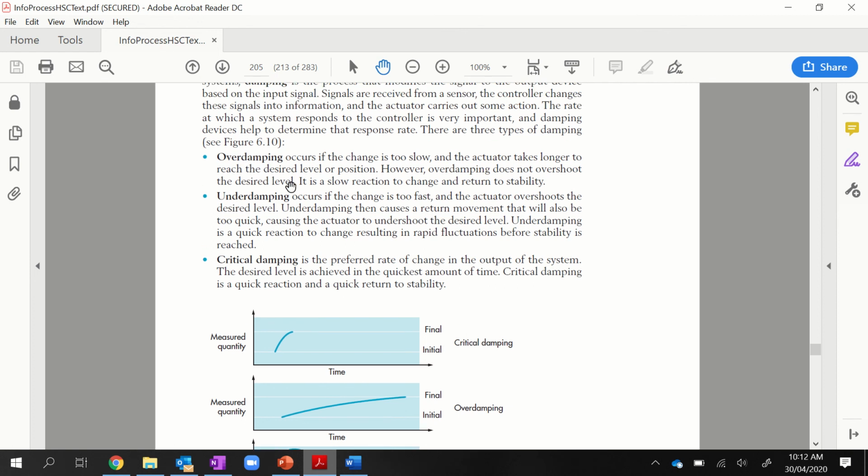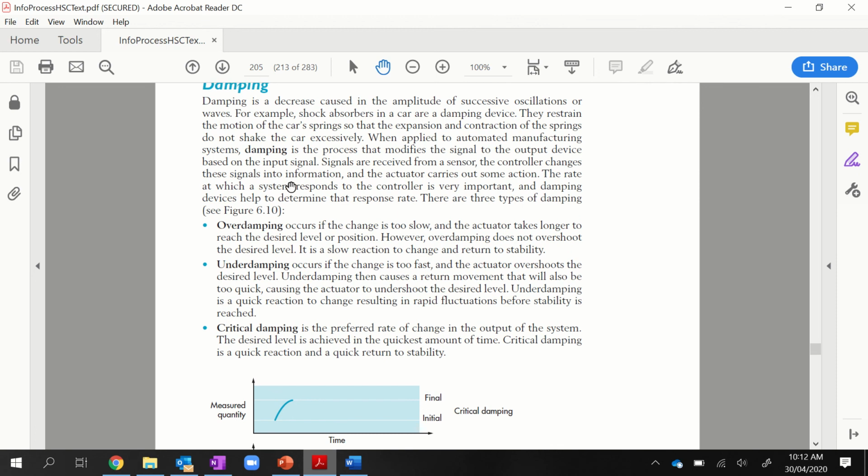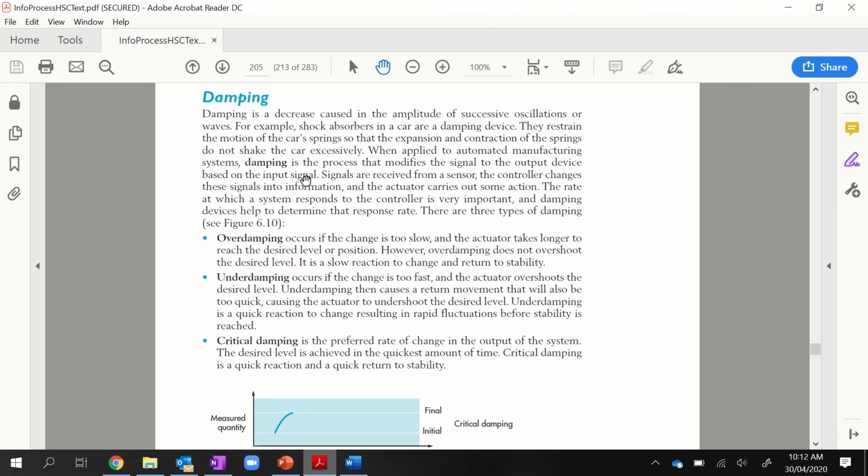Now, what I've seen in the HSC questioning about automated manufacturing systems, when it comes to asking a question about damping, most of the time it's a 1 or 2 mark question where it says, define one of these. There hasn't been really an analysis or describe or outline. It's mainly just identify the term.